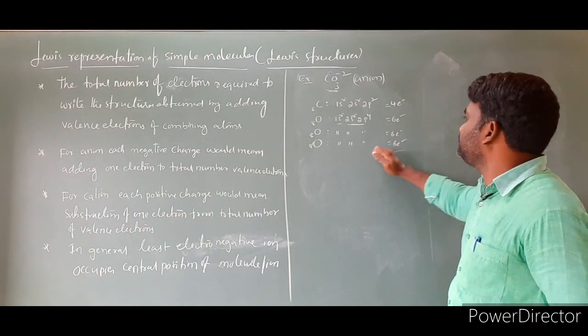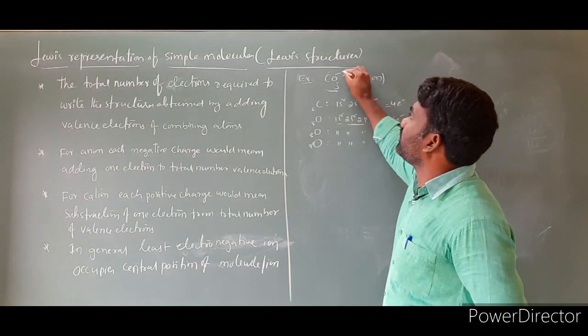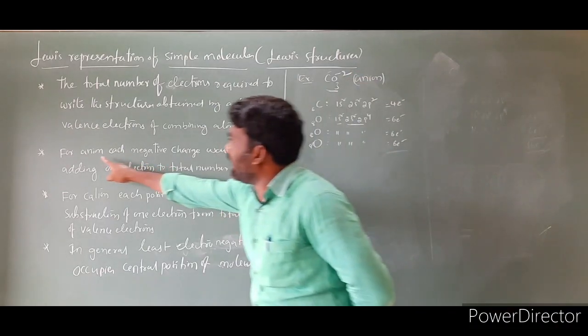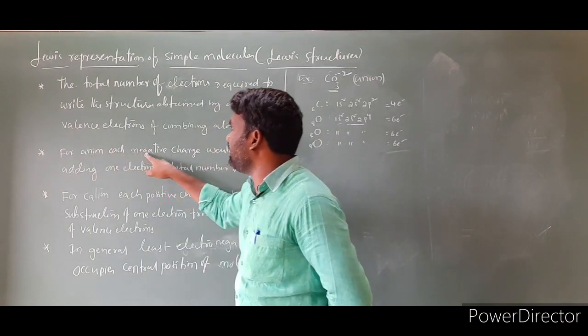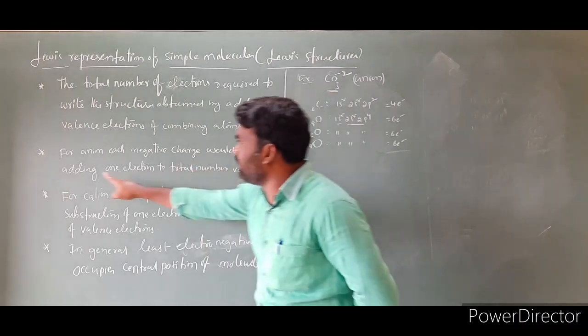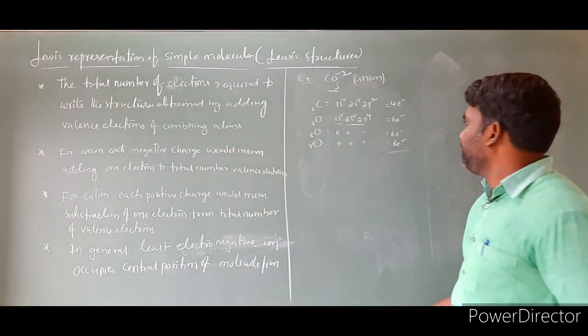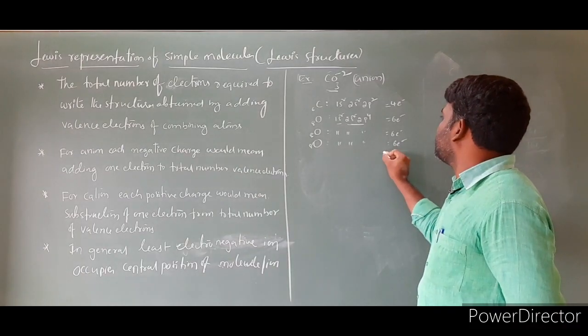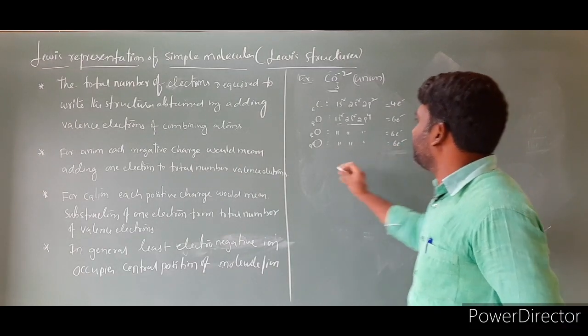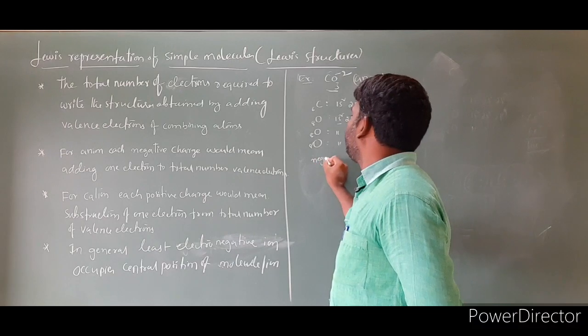One more thing: a negative charge is there. So for an anion, each negative charge means adding 1 electron to the total number of valence electrons. Right?